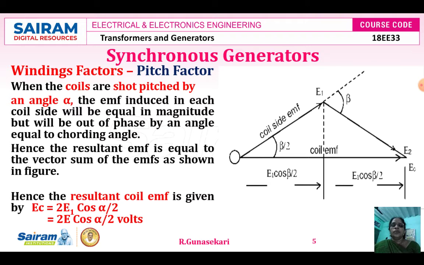The EMF induced in each coil side will be of equal magnitude but out of phase by an angle alpha, the shorting angle. So the resultant EMF is equal to the vector sum of the EMFs. That is why EC equals 2E cos alpha by 2.